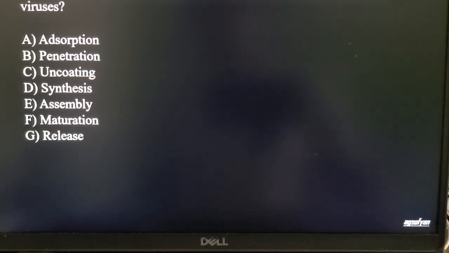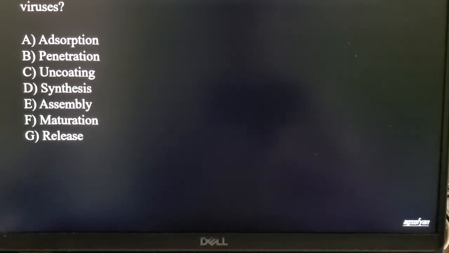Okay, which of the following phases only exists in bacterial or plant viruses? Okay, 53. Now we are comparing two types of virus. The one that attacks human and animal is called the animal viruses. The one that attacks plant or bacteria is called the bacterial or plant viruses.